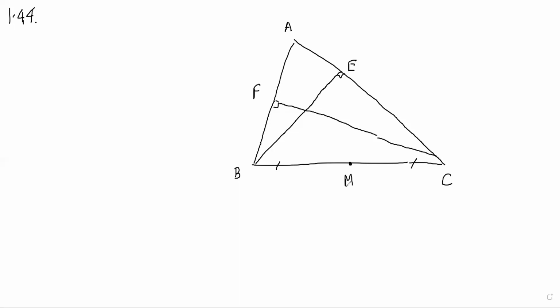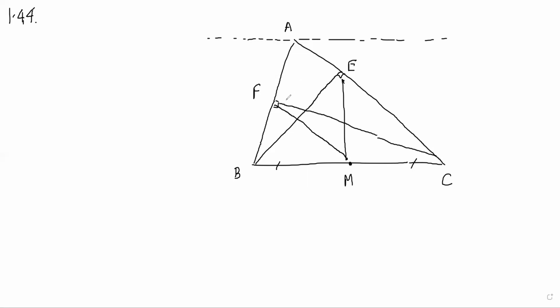Prove that ME, MF, and the line through A parallel to BC. There is a line through A parallel to BC. It should be like this. ME is like this. MF is like this. They are all tangents to the circumcircle of AEF.